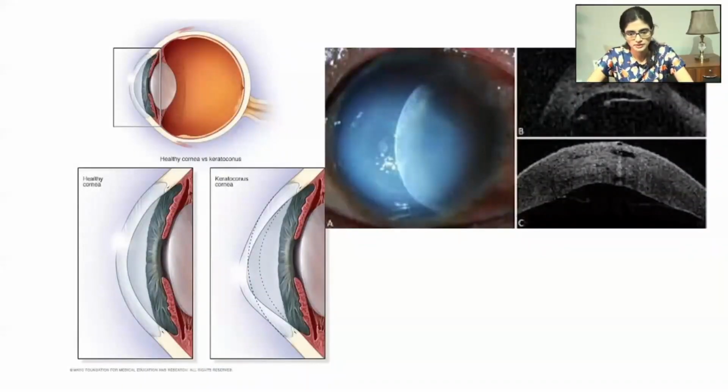You can see here in this picture the white opacification of the eye in something called hydrops, where the posterior most layer has now broken because of the thinning of the cornea, protrusion and stretching of the posterior layer.